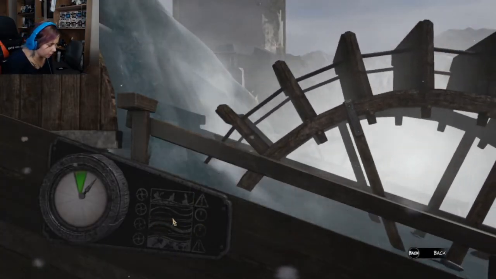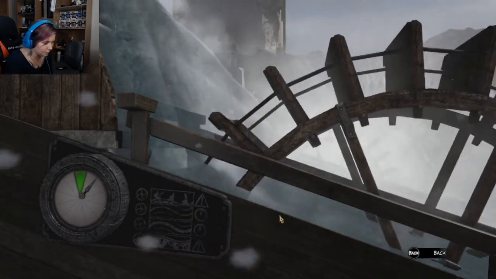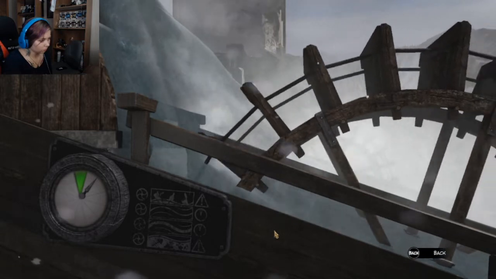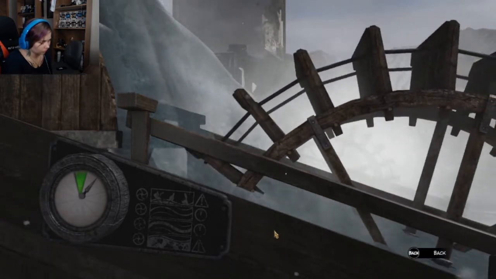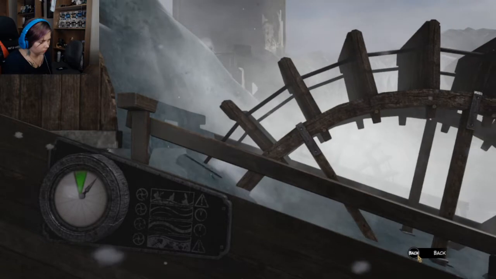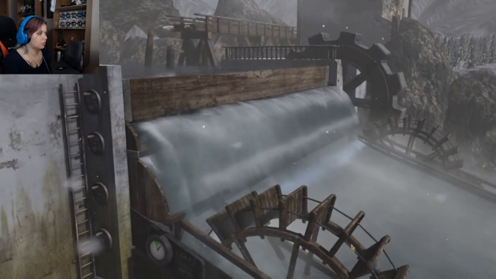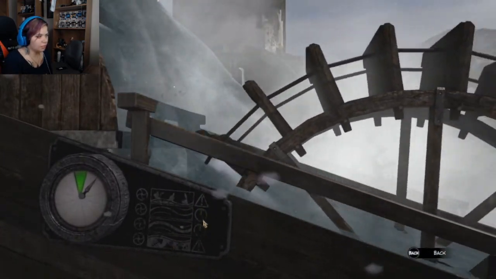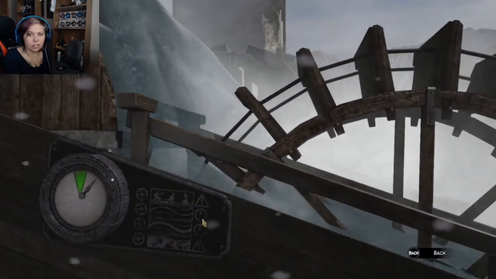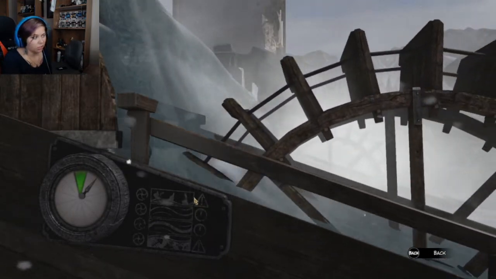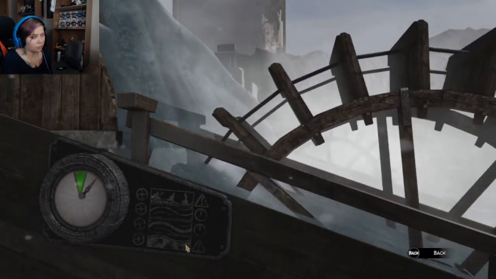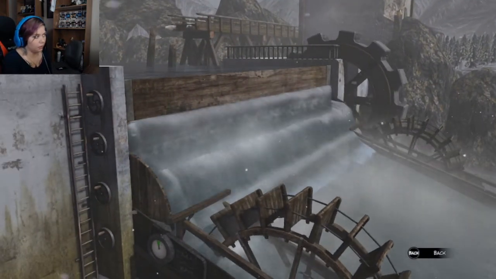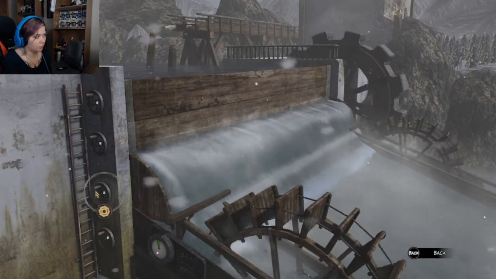I don't understand what this means. Unless the green means that you're cycling clean water, and this means you're cycling dirty water. So then I need the top and bottom open? But I think I did that before.